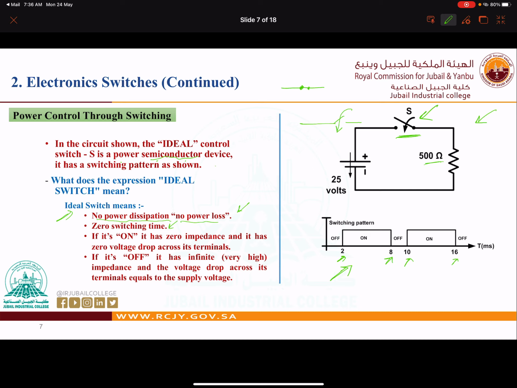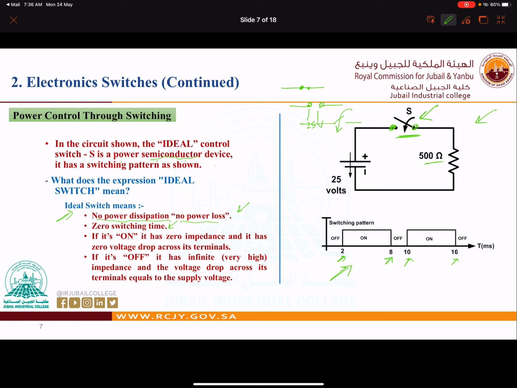If it is off, it has infinite, very high impedance, and the voltage drop across its terminals equals the supply voltage. If we have 25 here, and the switch is open circuit, then we should read here 25 volt, right? And this is the ideal.